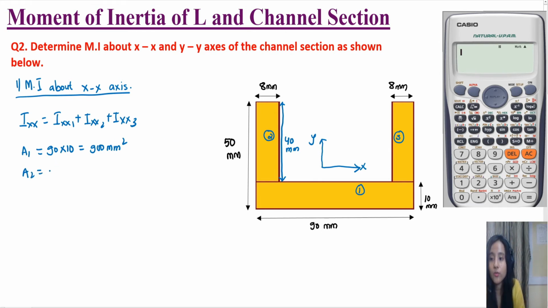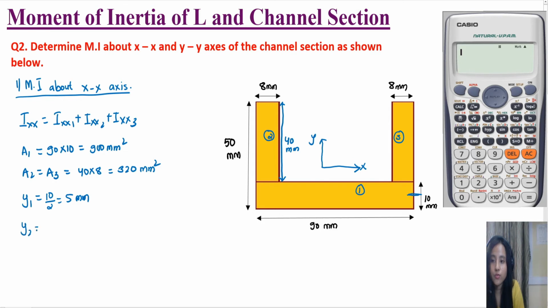So A2 will be equal to A3 and it will be equal to 40 into 8, coming equal to 320 mm square, right? Now let us find y1. Y1 for this section will be half of this section, 10 by 2 equals 5 mm.